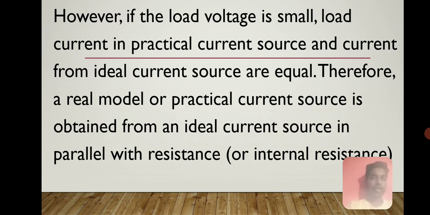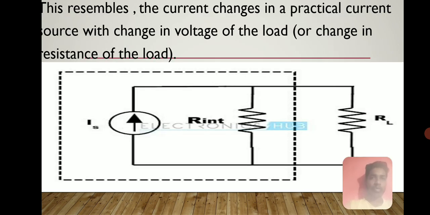Therefore, a real model or practical current source is obtained from an ideal current source in parallel with a resistance, or internal resistance. This represents the current changes in a practical current source with change in voltage of the load, or change in resistance of the load.